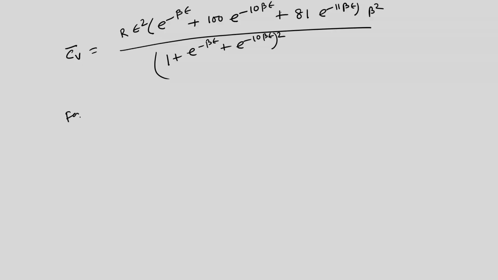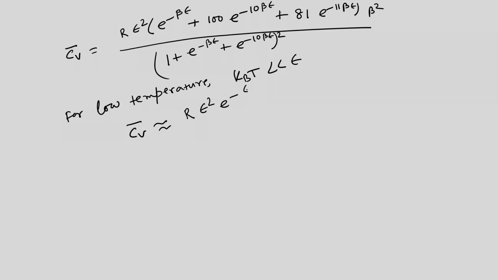Okay, so for low temperature, which means when kBT is much smaller than epsilon, we get the expression of Cv bar as R epsilon squared e to the minus epsilon by kBT, divided by kBT squared.